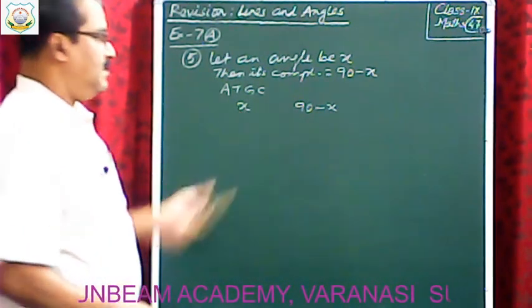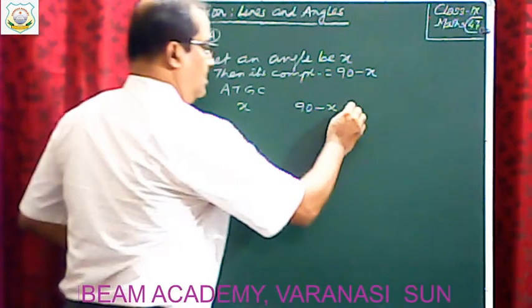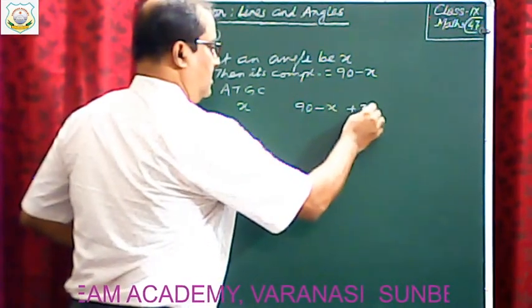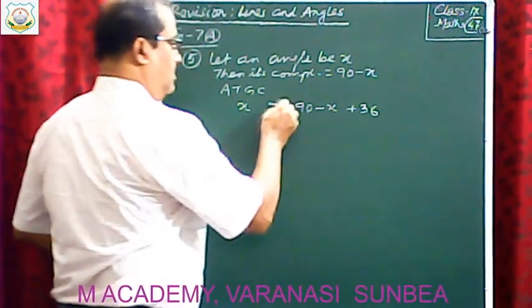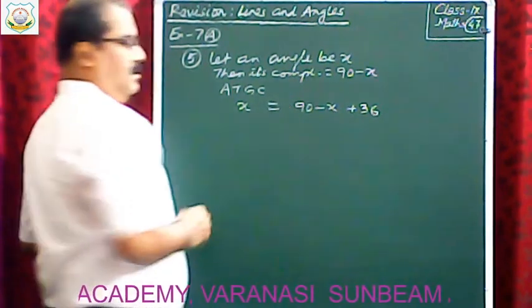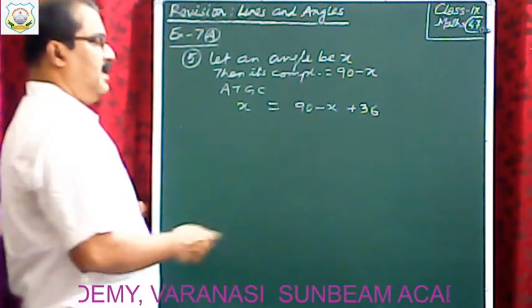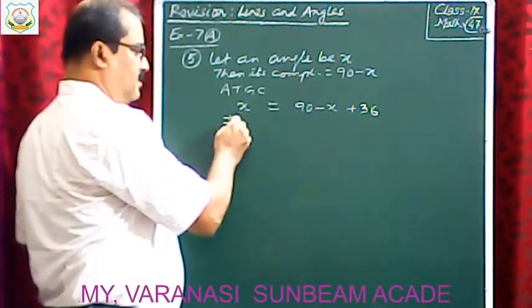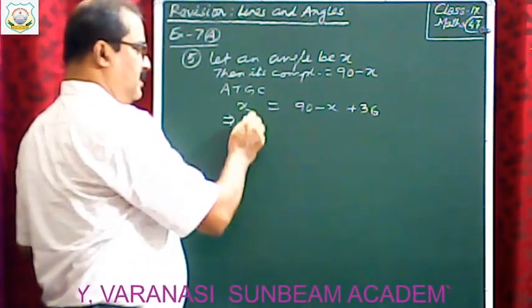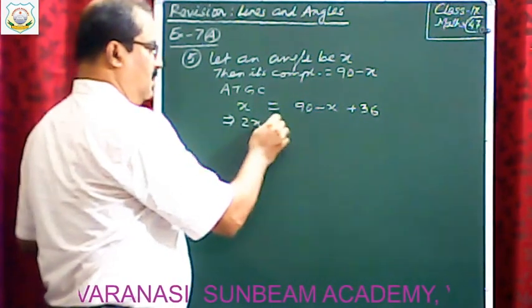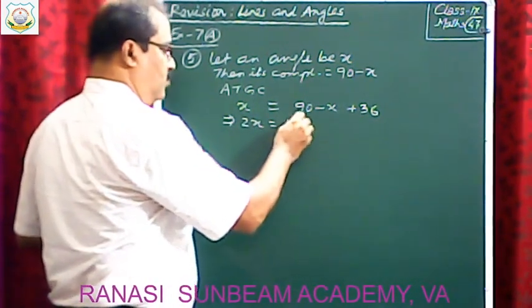Then you have to add 36 on the RHS and you get the equation. Then simplify and find x. Transposing minus x, x plus x, 2x equals 126.